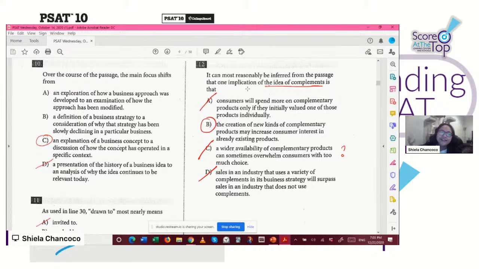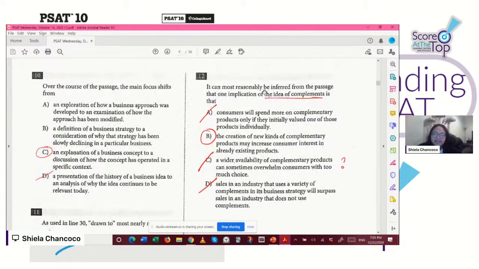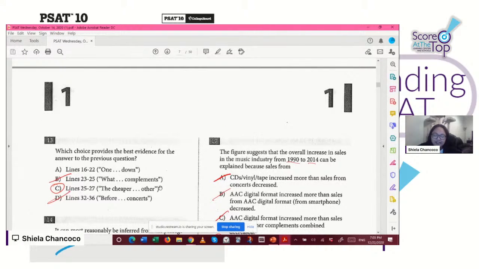If you're someone who didn't really quite understand, and some people will not have been able to understand this passage because it was a little confusing, you were like, okay, it's in the middle somewhere, or it's at the beginning where they shifted from the business to CDs and concerts, right? The idea of complements, that's basically where you're going from. But they told you where to look for the answer, right?